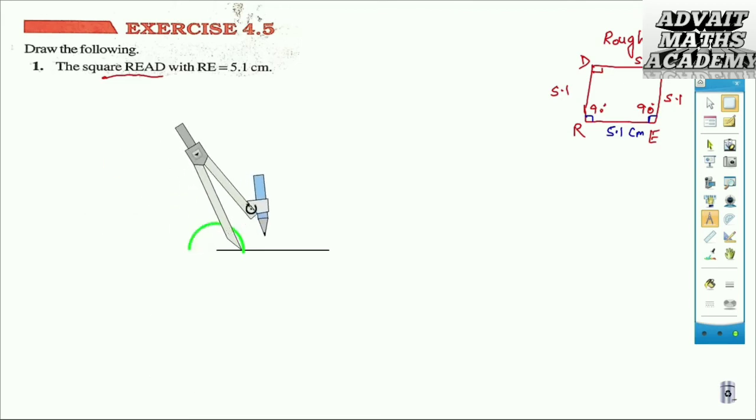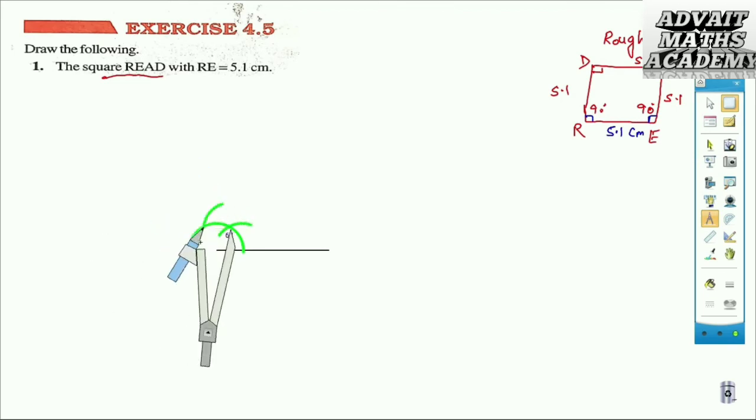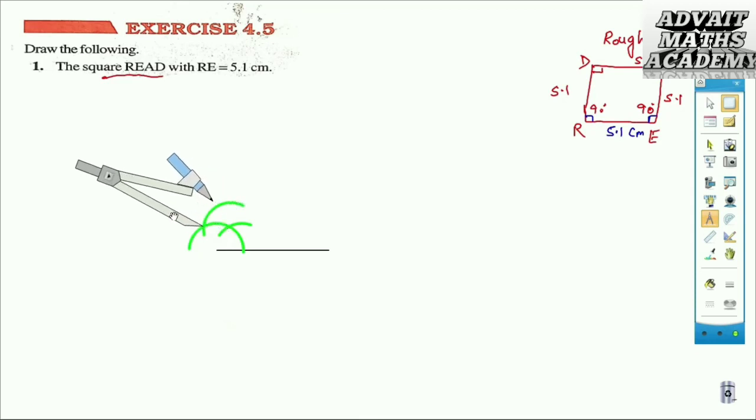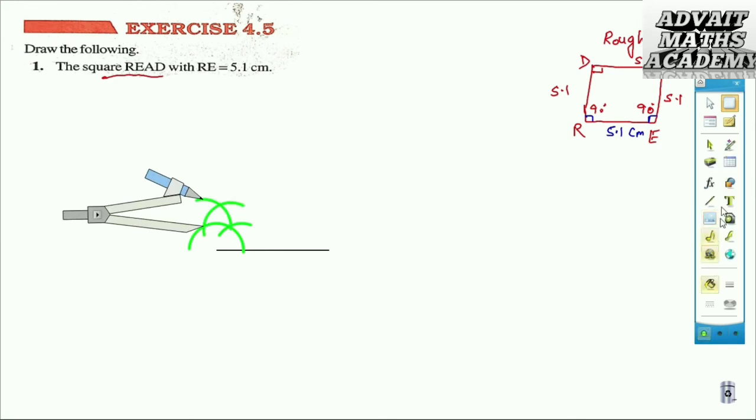Then first cut means 60, second cut means 120, and in between we get a 90 degree, and draw the line with the help of a ruler.